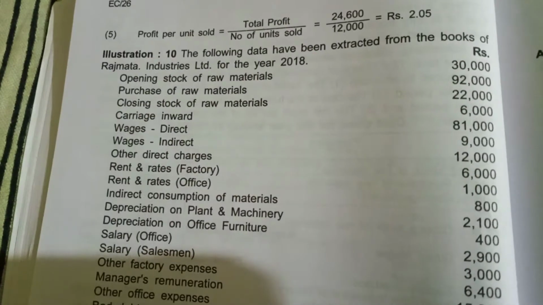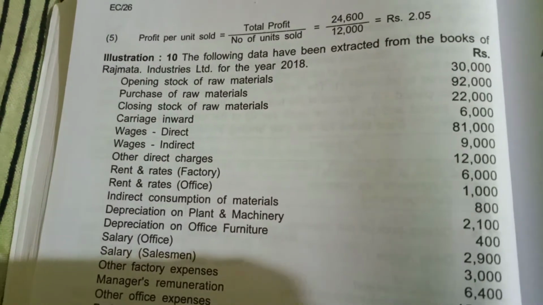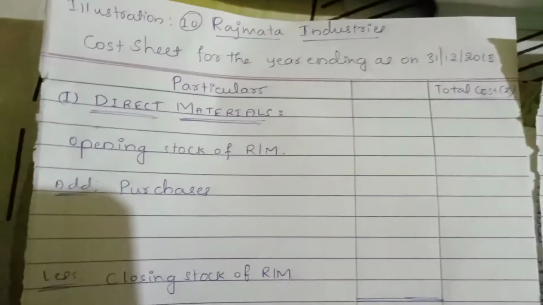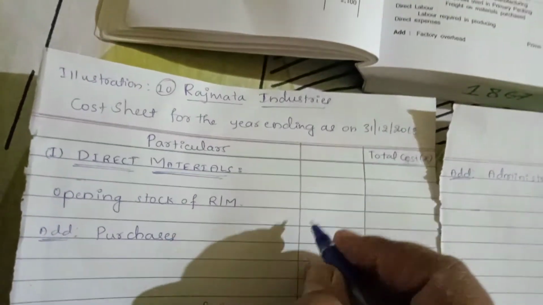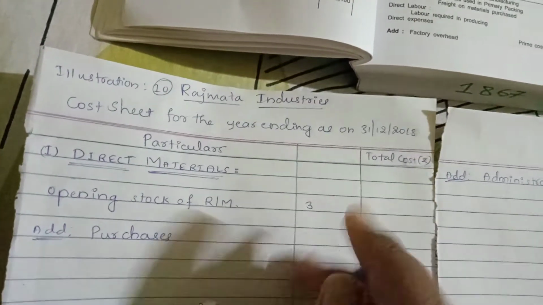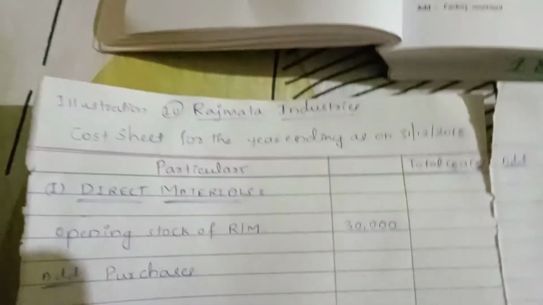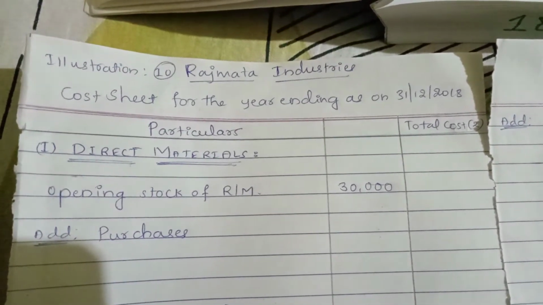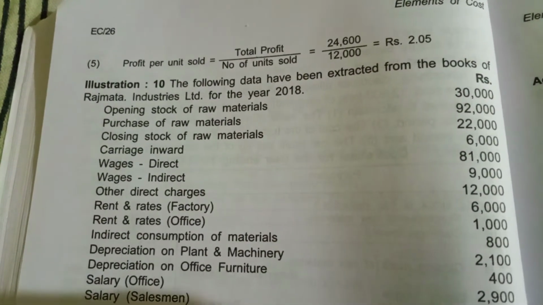The first item is opening stock of raw materials, rupees 30,000. In our format it comes under direct materials. Under direct materials it is opening stock of raw materials amounting to rupees 30,000. I will write the amount in the inner column only. Next, purchase of raw materials, 92,000.